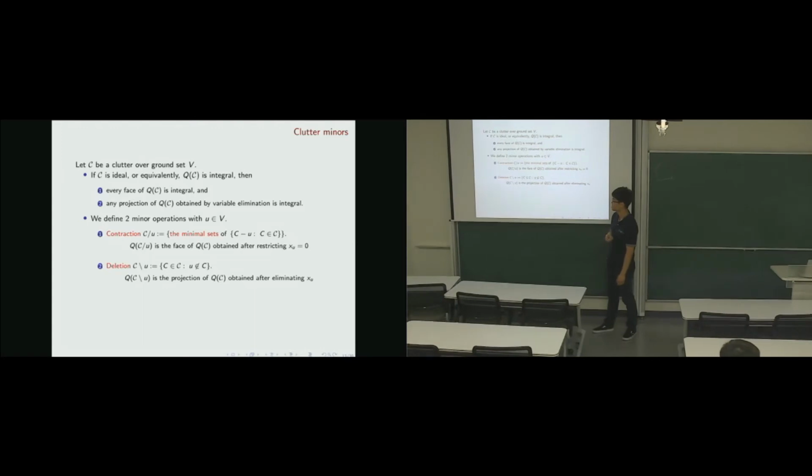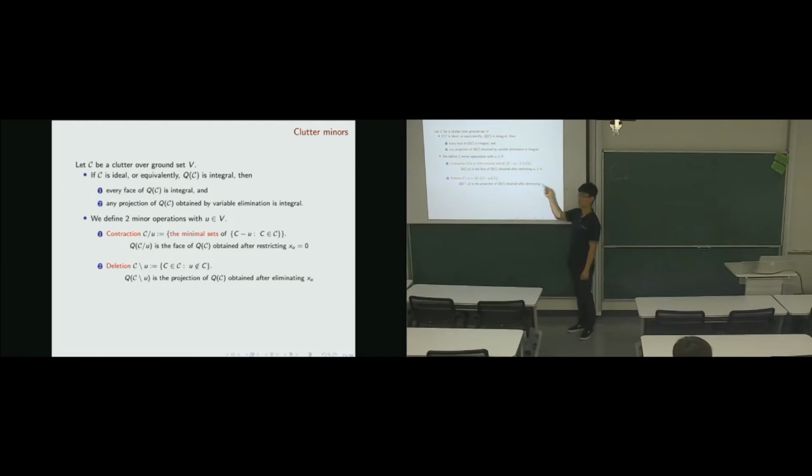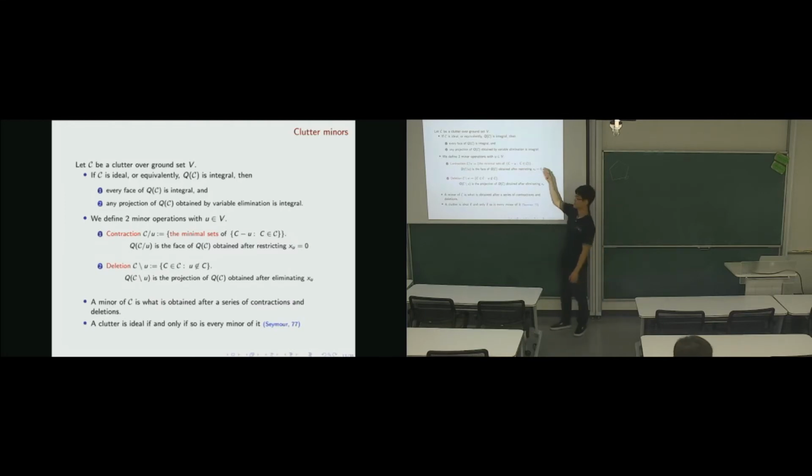is basically that you just eliminate the members containing this element U. You're just eliminating the inequalities. But that's the same as projecting out this variable xu. But you don't have to remember what they are for this talk.